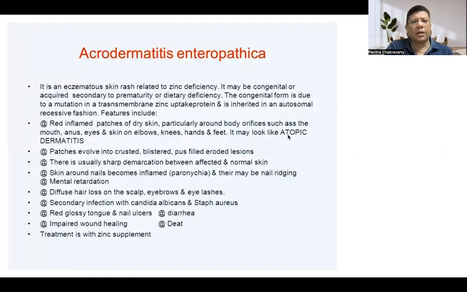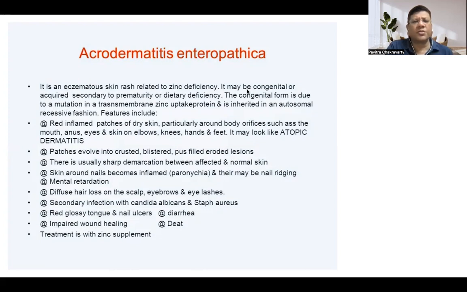So again, let me just get this out of the way. Yeah. So if you see here, it is an eczematous condition related to zinc deficiency.